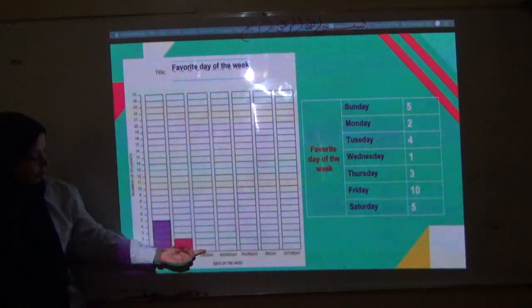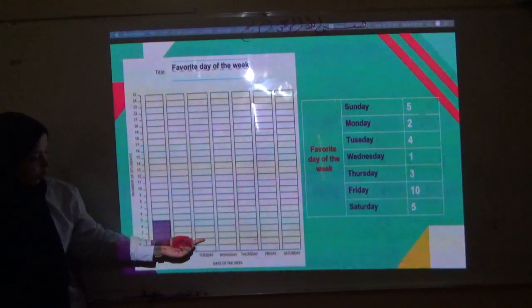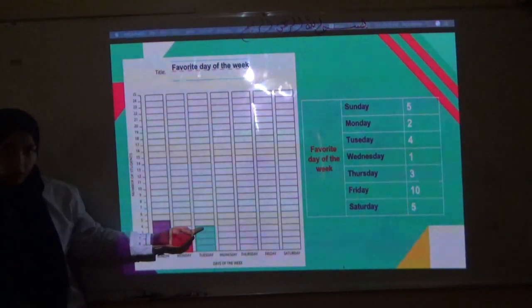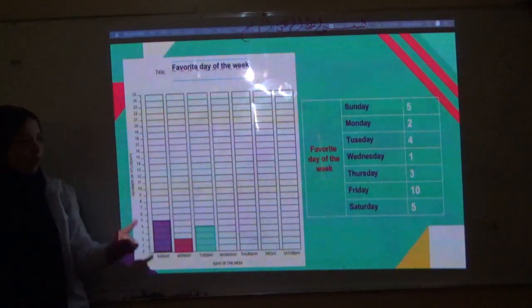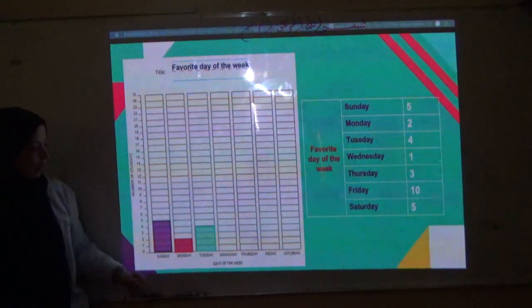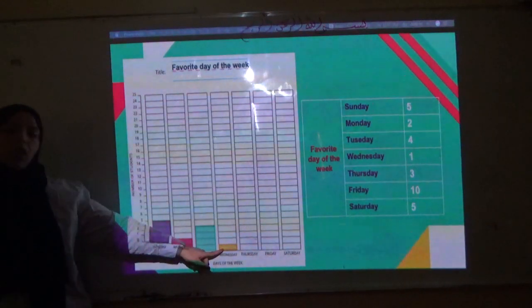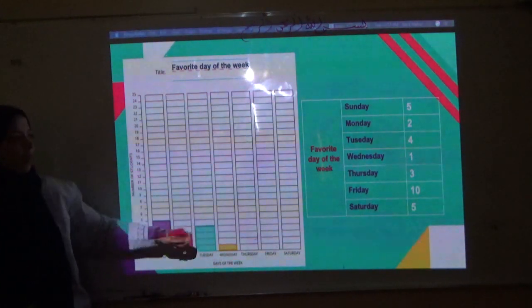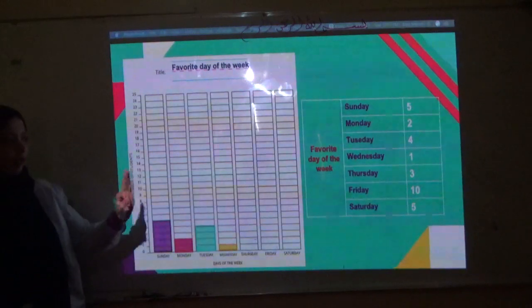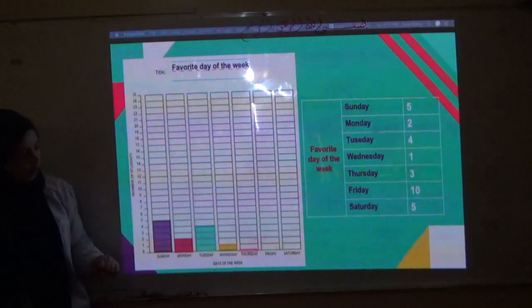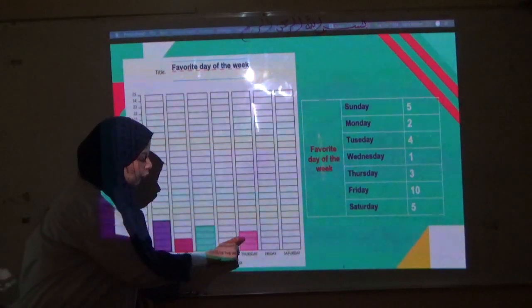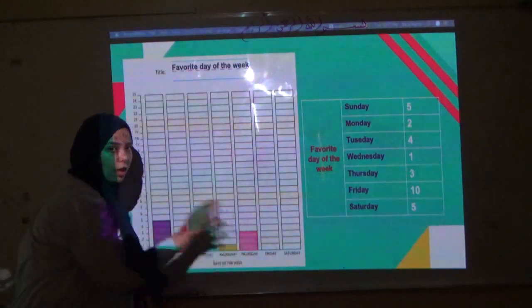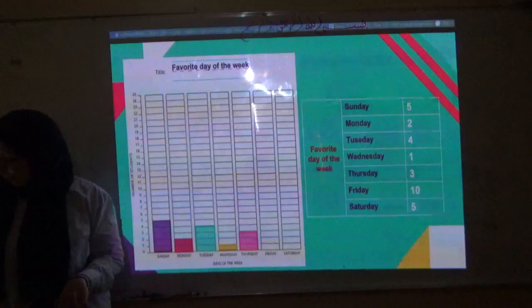So I will start from 0, 1, 2, 3, 4. For Wednesday, I only have 1 student who loves Wednesday, so I will only color 1 rectangle. Thursday, I have 3. So again, I'll start from 0, 1, 2, 3, and I will color 3 rectangles.